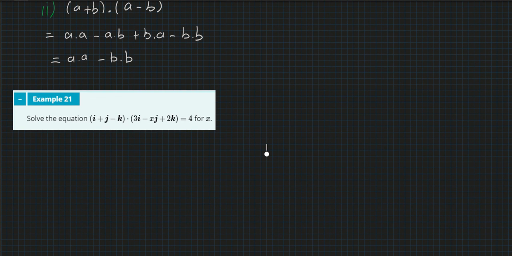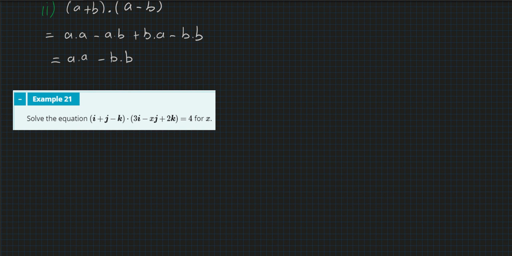So this is just using these properties to find a solution. Let's pretend we have this vector here and we dot. We're not exactly sure what vector, but we've got these restrictions on i and k. So 3i and 2k on our second vector, and we need our dot product to equal 4.